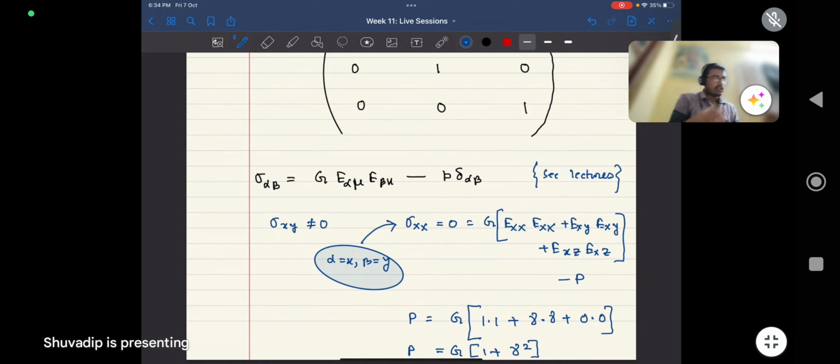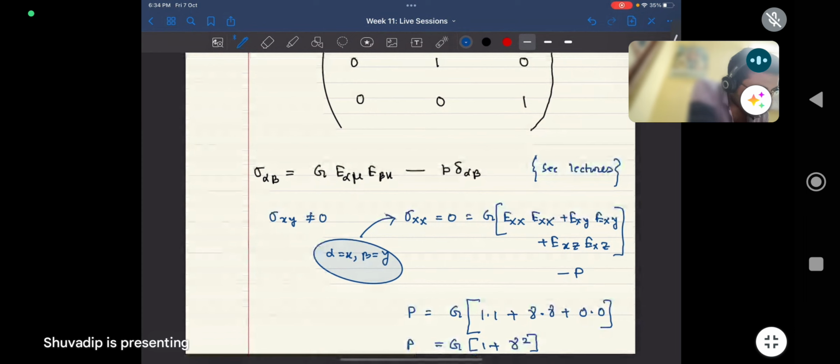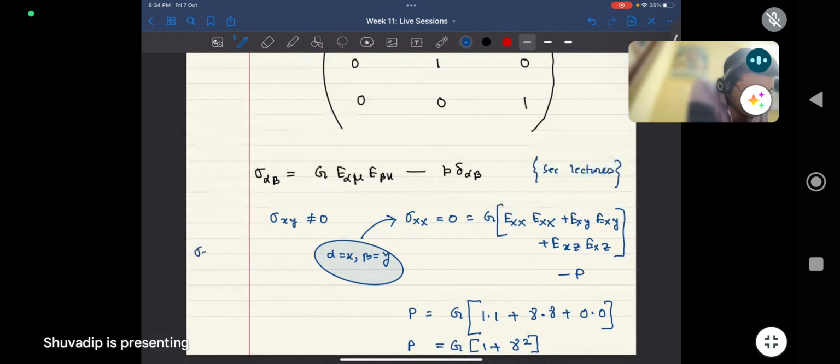So if you want to calculate the non-zero term, sigma alpha beta, that will be sigma xy, you can calculate that. If you calculate sigma xy from here, this will give you G into the term, but there will be no pressure dependent term because delta xy is identically 0.